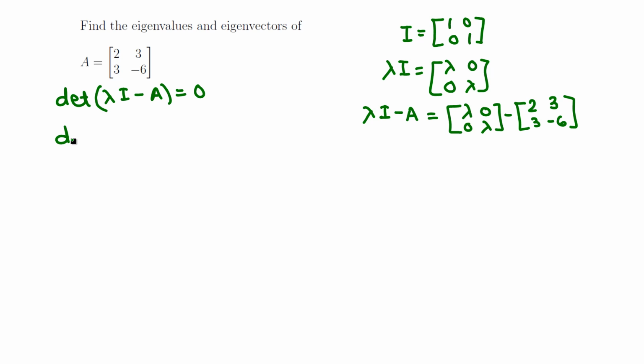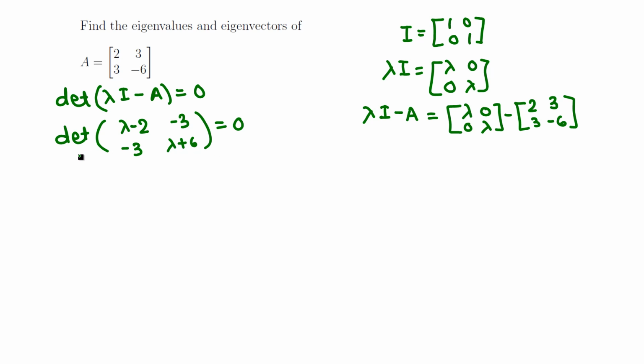If we subtract the two matrices, we get lambda minus 2 there, 0 minus 3 is negative 3, 0 minus 3 is negative 3, and lambda minus negative 6 is lambda plus 6, equals 0. We can denote the matrix by brackets or parentheses.